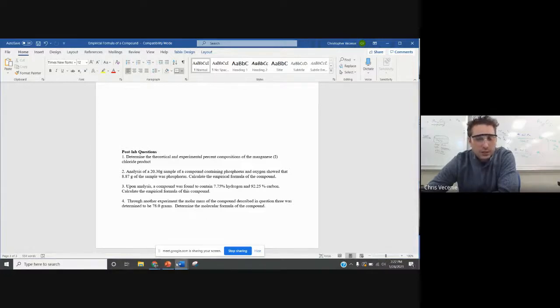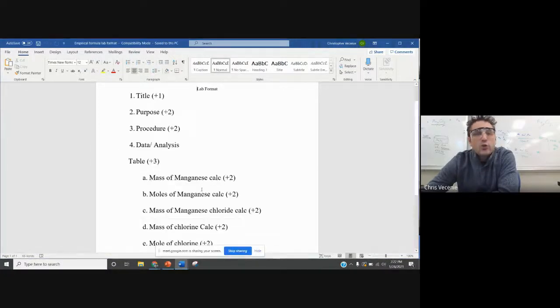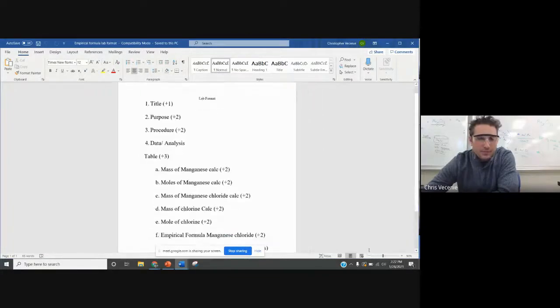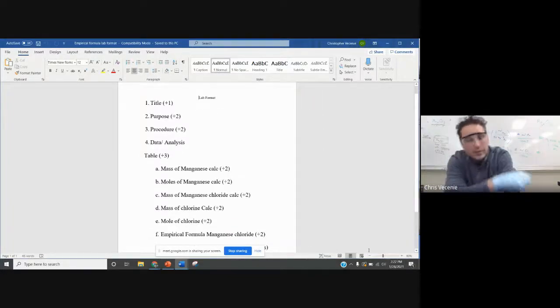Similarly, you could be taking care of some of your lab things. What I would do with my partner, like last time, is create a shared document: electronic title, electronic purpose. Don't worry about the procedure. Your data table, create that data table, which is this one.